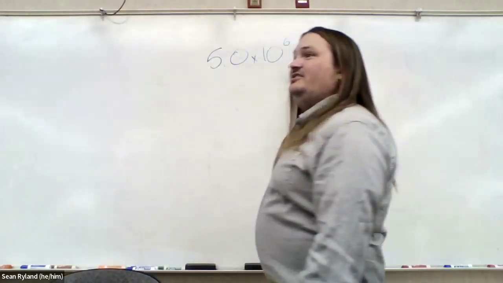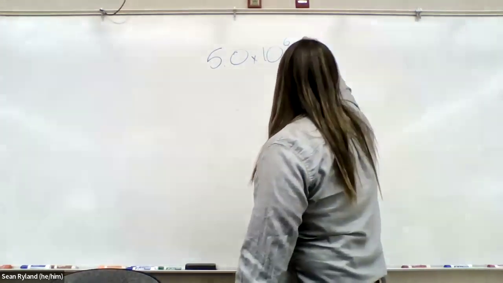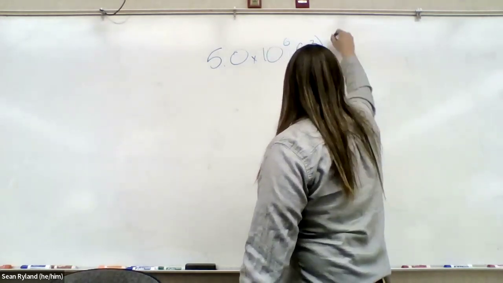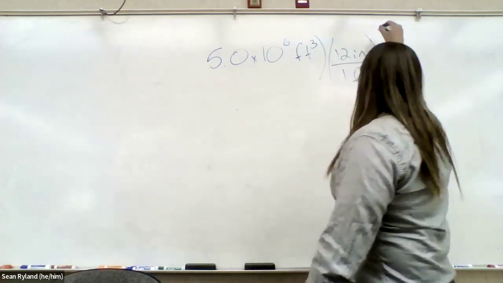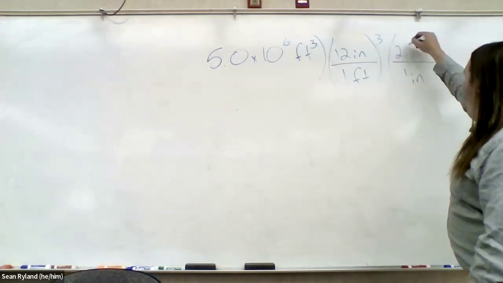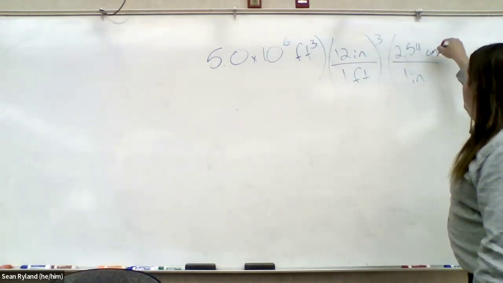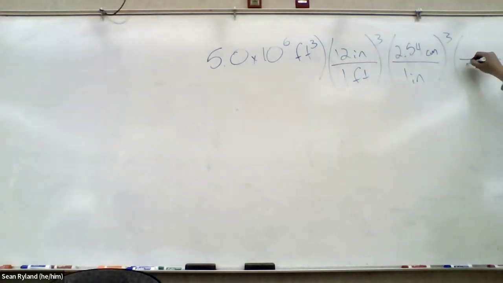Go to cubic inches, cubic centimeters. Yeah, so we could go: 1 foot is 12 inches, cubed. 1 inch is 2.54 centimeters, cubed. And then we can say 1,000 centimeters cubed is 1 liter. Then we can go to moles.